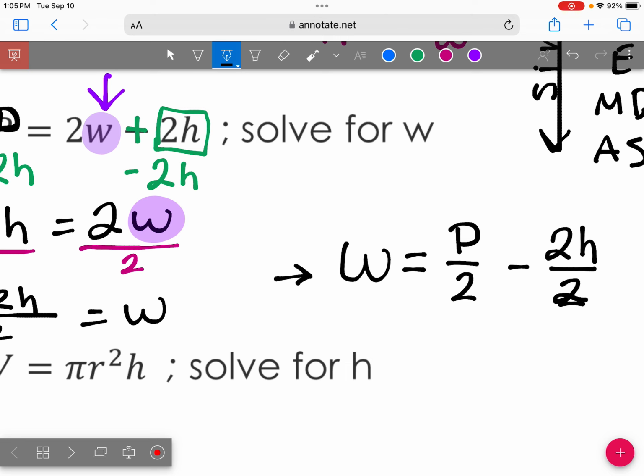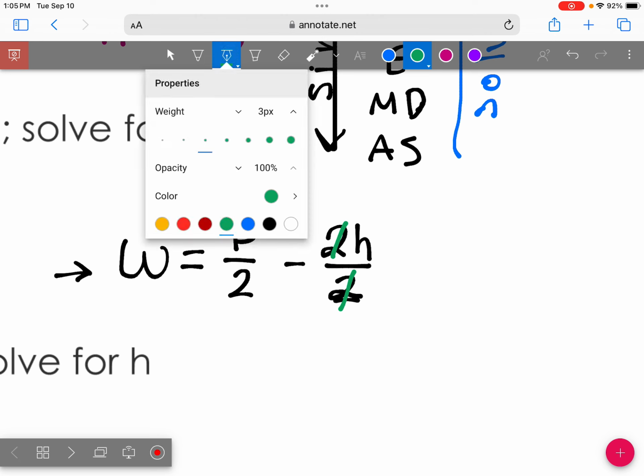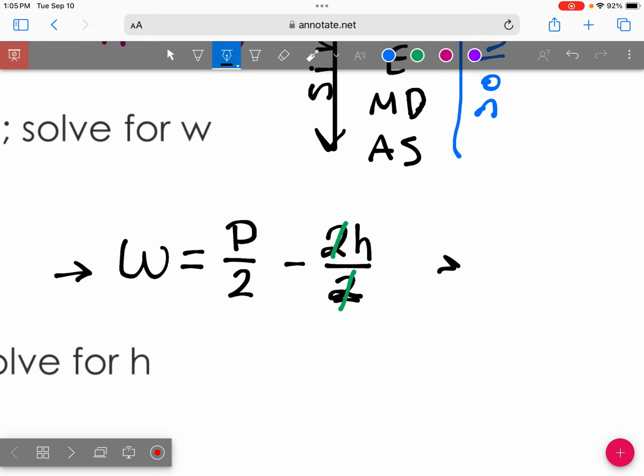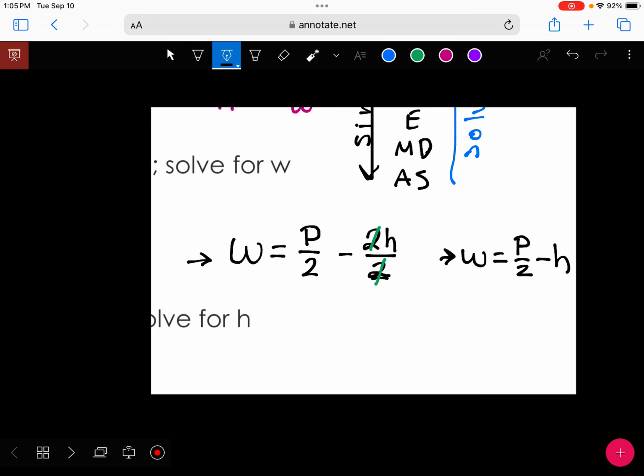You're right, we can't combine them together. Think simplify. I have p over 2 minus 2h over 2. The 2's, 2 over 2, those guys will cancel out. So another way we could write this is that our w equals p over 2 minus h.